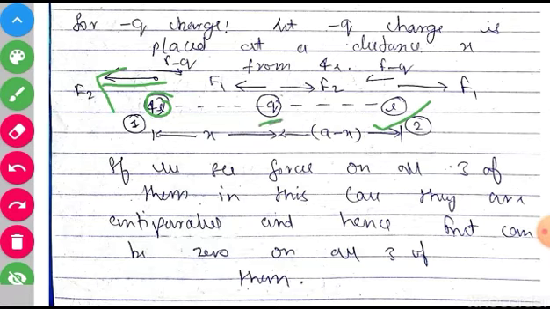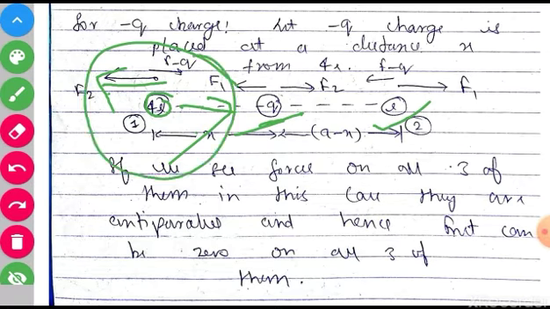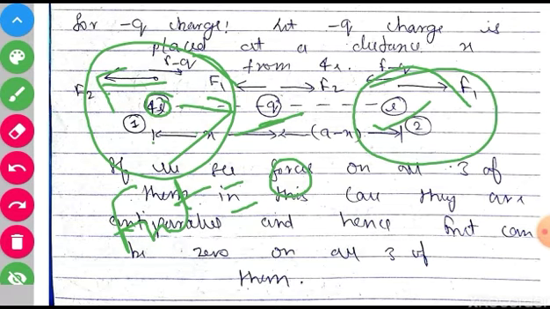But since this minus q is negative, it will try to attract this 4e towards it. Now these two forces are anti-parallel to each other. Hence, F net may be 0 on this 4e charge. Similarly for e also.